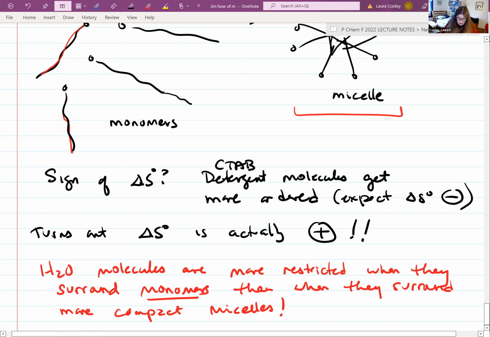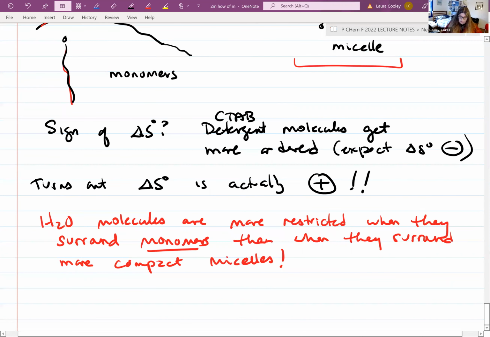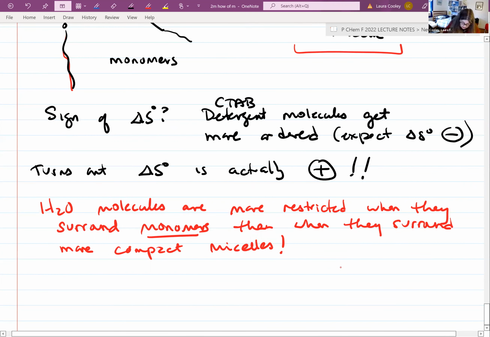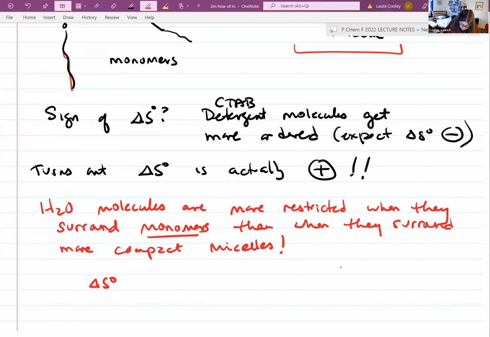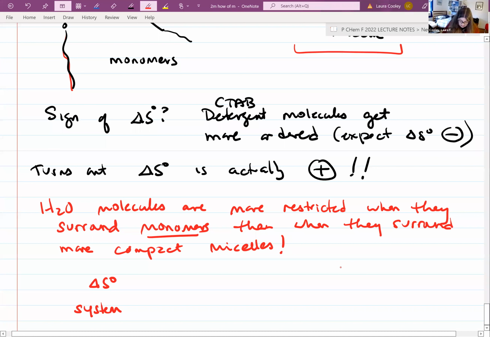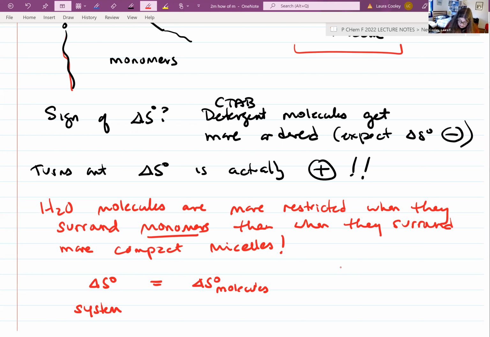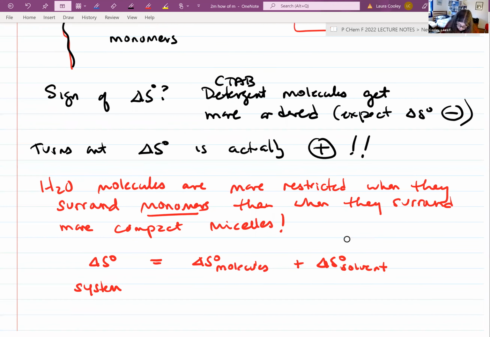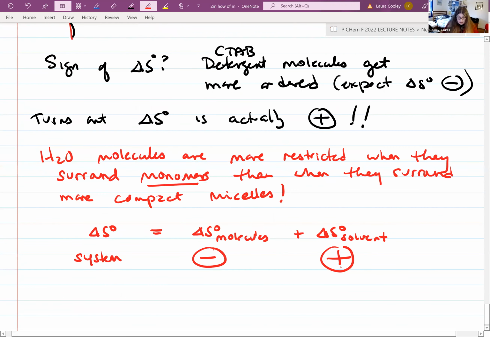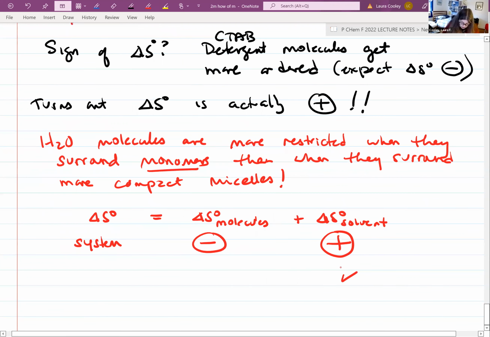And so sometimes the solvent makes a big difference. The delta S total, this is still system entropy, has two contributions: delta S for the molecules and delta S for the solvent, which is the water. In this process, while delta S for the molecules is negative, for the solvent it's positive. And for CTAB, this is the dominant contribution.